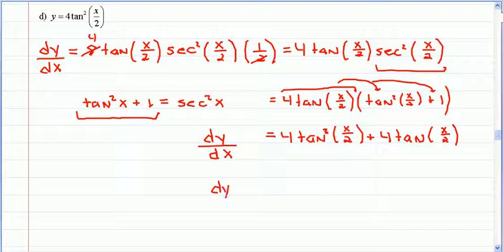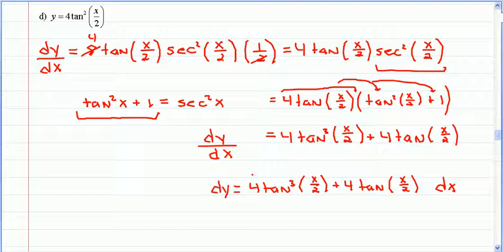And I just want to move the dx over to the right side. And this whole function is multiplied by dx, so I'm just going to put it in brackets.